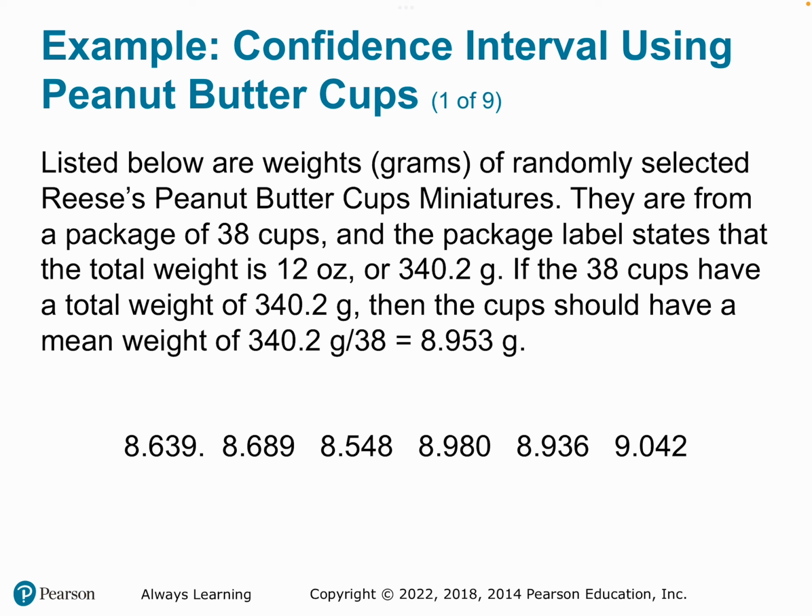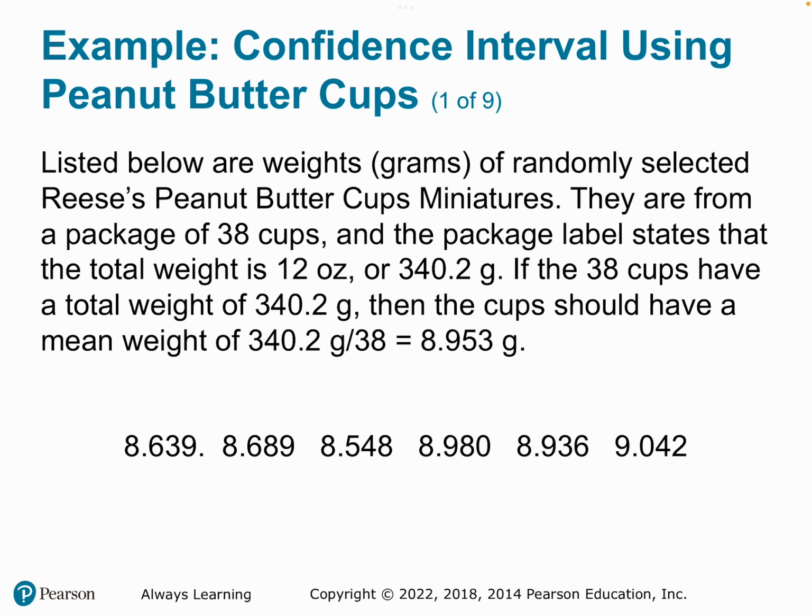Let's show you how to build a confidence interval to estimate a population mean using the sample data provided here in this example. Here we're looking at certain weights of Reese's Peanut Butter Cup miniatures. In fact, we have 6 values, and these values represent grams.